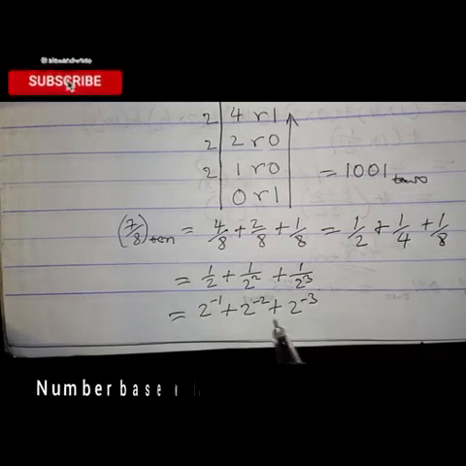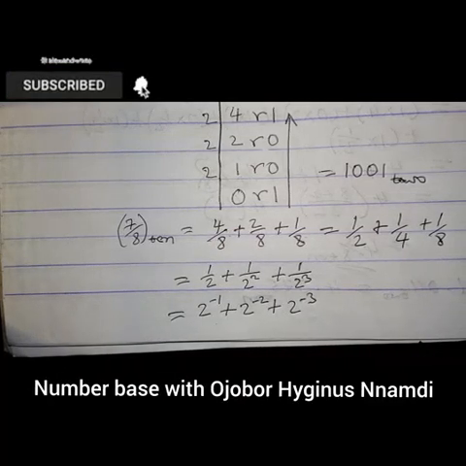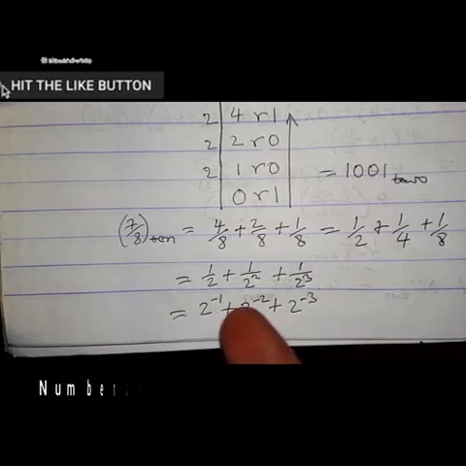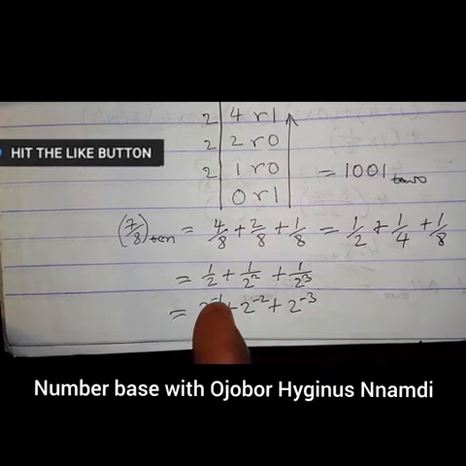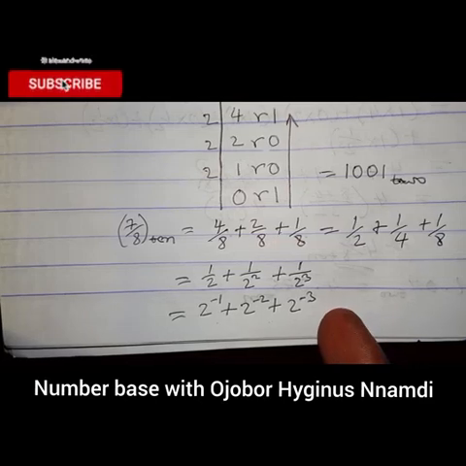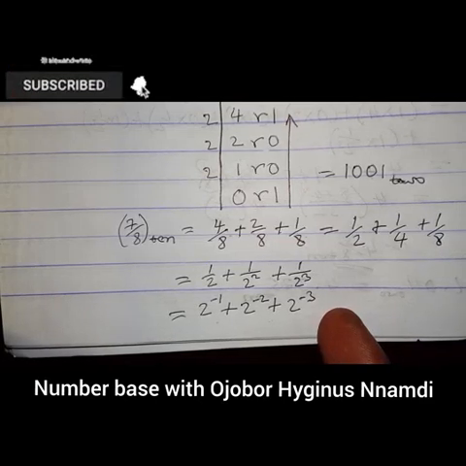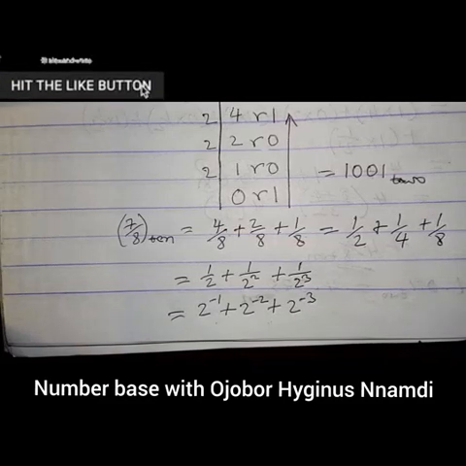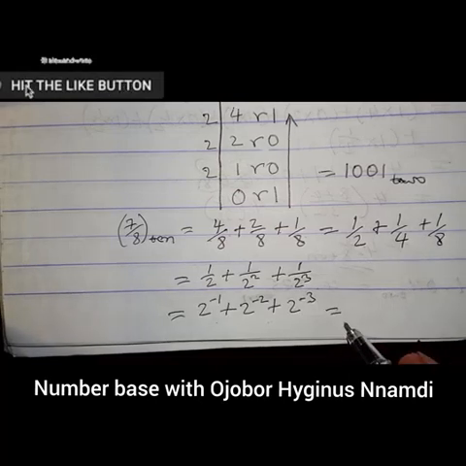So if you look at this from what we did initially in converting from base 2 to base 10, you remember how we placed this. Since this is -1, -2, -3 in their positions as we had in our indices, of course we can actually put 1 to it.